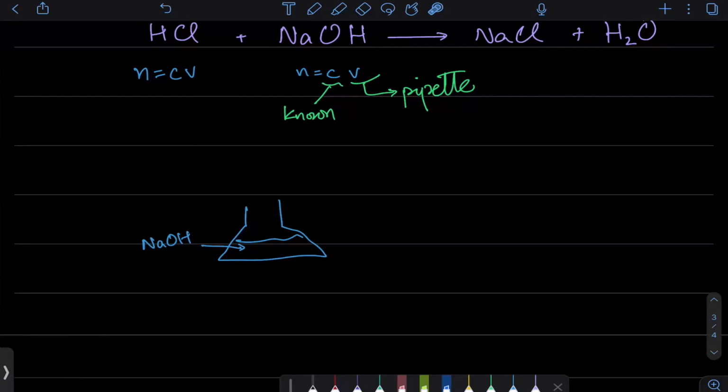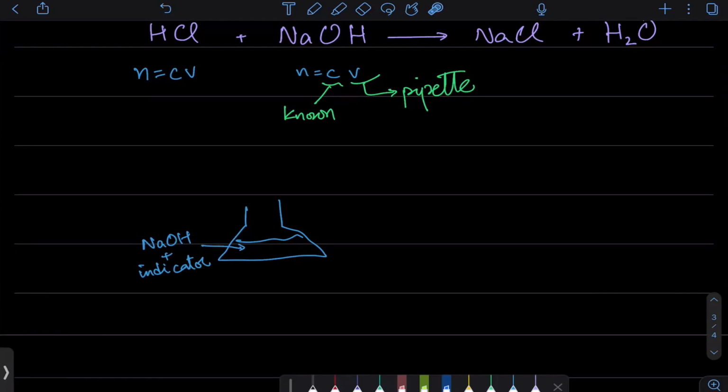There is a way for me to know whether it is neutral or not. That's an indicator. So I will add an indicator. And now I will add the HCl into this thing, drop by drop. So I will add enough volume कि moles बराबर हो जाएं.